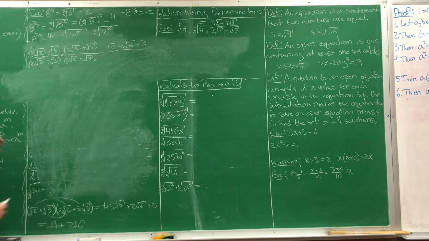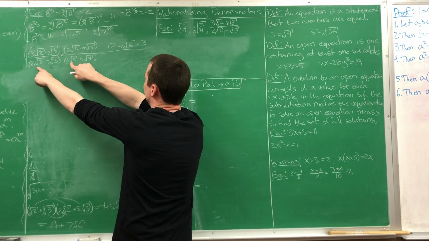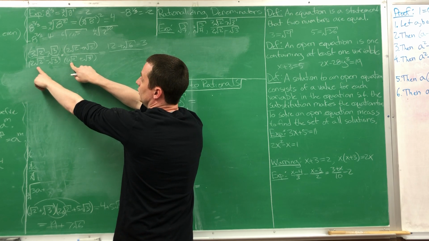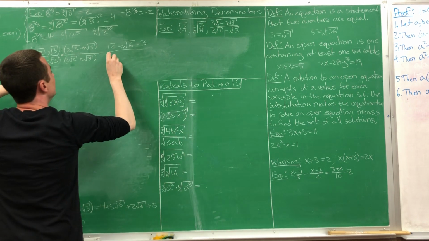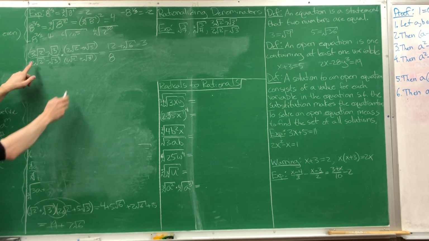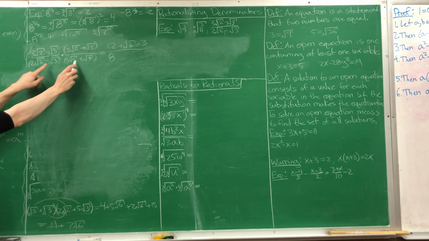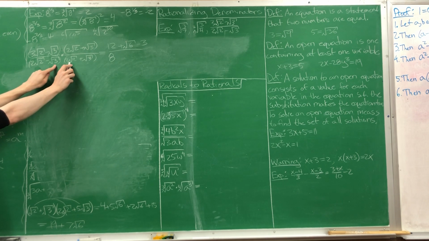Okay, now let's look at these ones. 2 square roots of 2 times 2 square roots of 2 gives me 8. 2 square roots of 2 times the square root of 3 gives me 2 square roots of 6, and this gives me negative 2 square roots of 6. So we get 2 square roots of 6 and negative 2 square roots of 6.